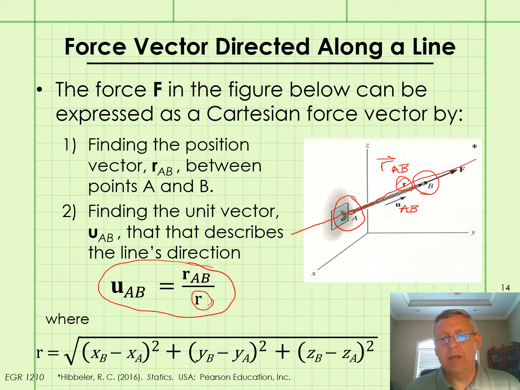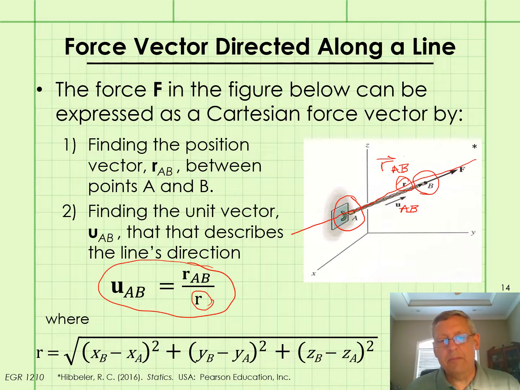In other words, we have a position vector that has magnitude and direction, and if we divide out its magnitude, we're left with a unit vector, a vector that has a magnitude of 1 in the direction of r sub AB.